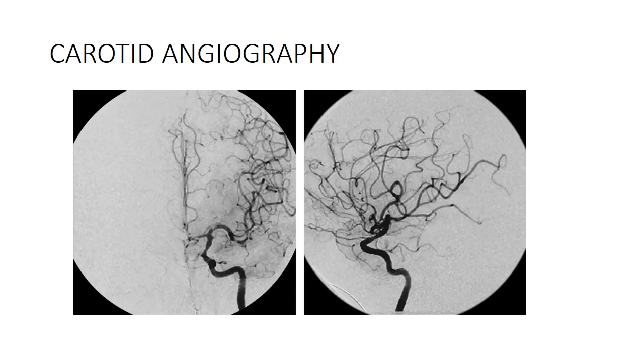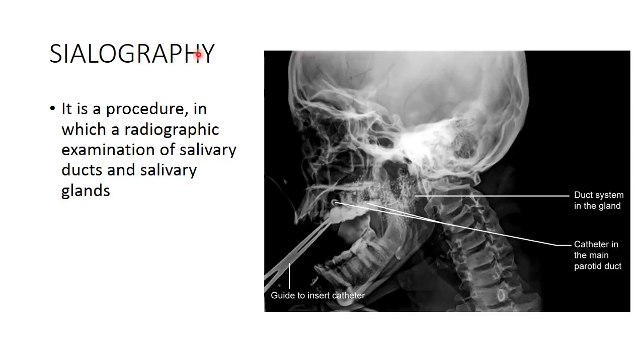branches. Then we have sialography. Sialography is a procedure in which radiographic examination of the salivary glands and the salivary ducts is made after introducing a radio-opaque dye into the duct of the salivary gland, right? So how will we do that?